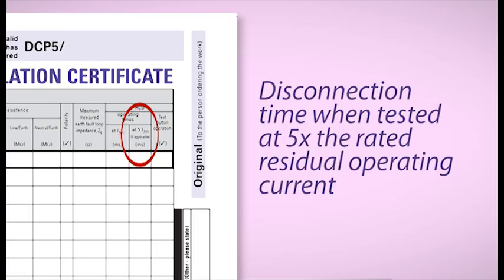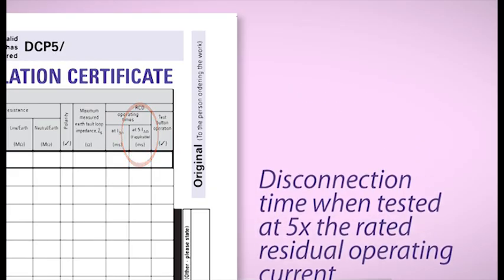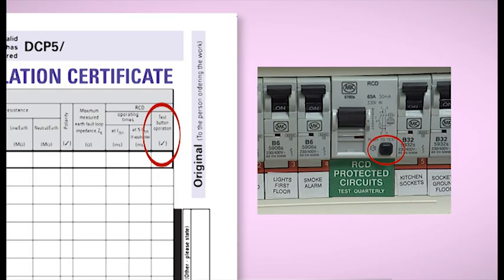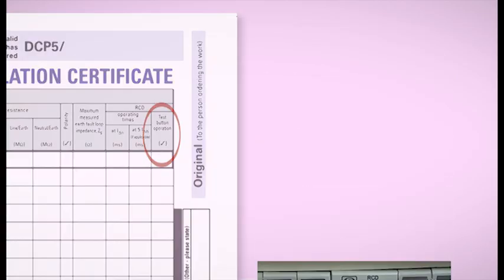This is only a requirement for RCDs installed to provide additional protection against electric shock, so RCDs with a rated operating current not exceeding 30 milliamps. There is a third column here for checking the operation of the RCD by pressing the manual test button. If the RCD operates, a tick shall be inserted here.